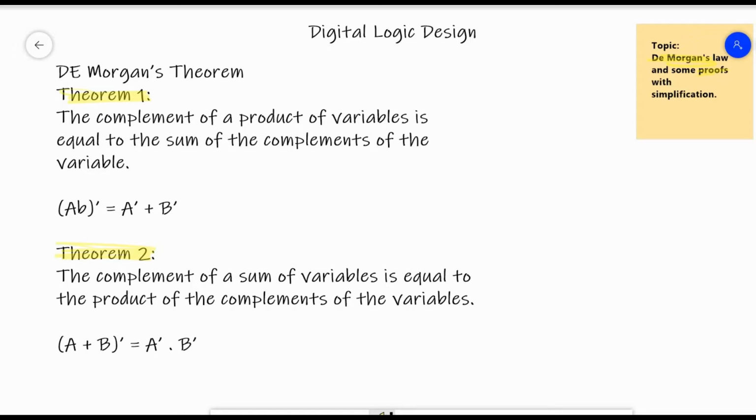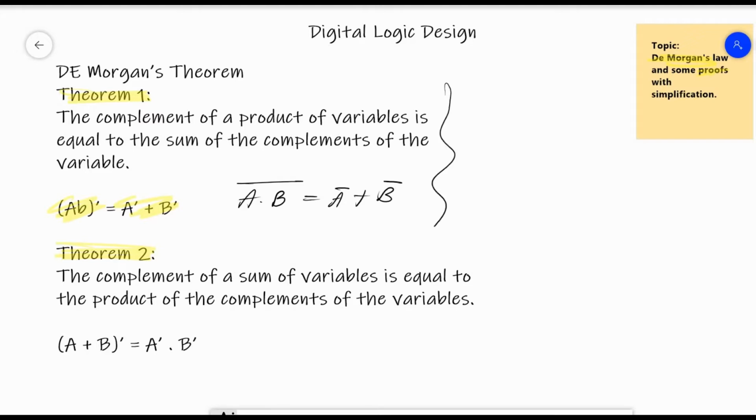So it is written here, this one is the De Morgan's law. So this one is basically written like that: (ab) whole bar is equal to a bar plus b bar.